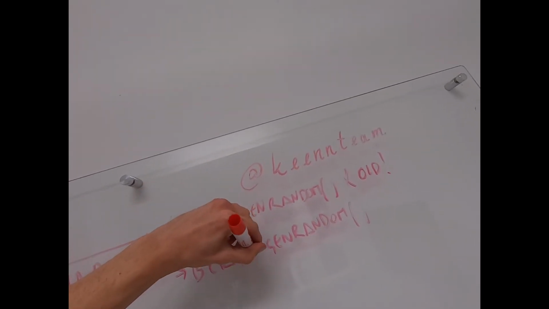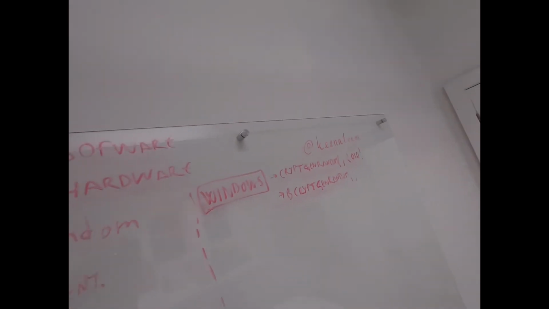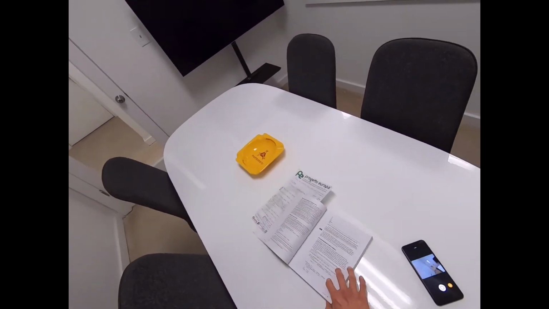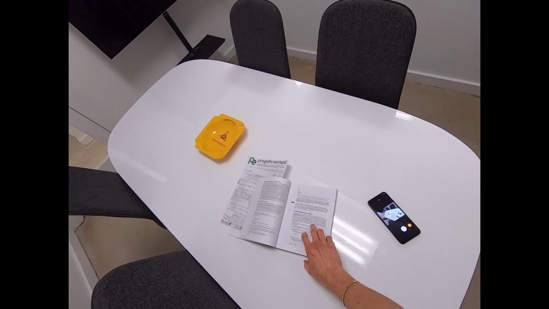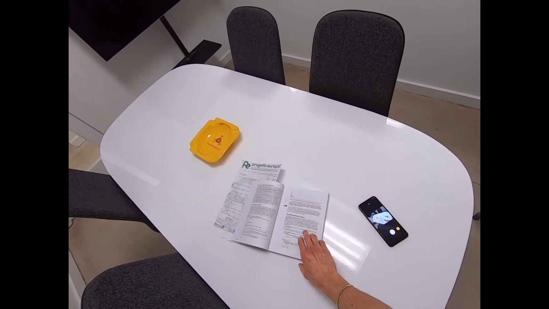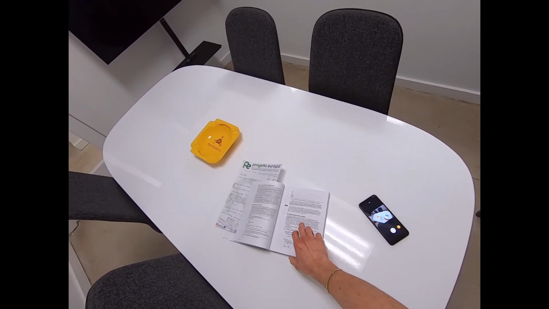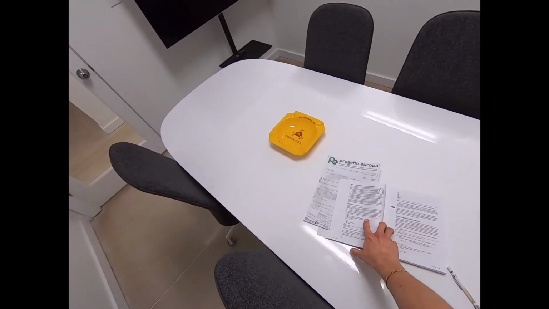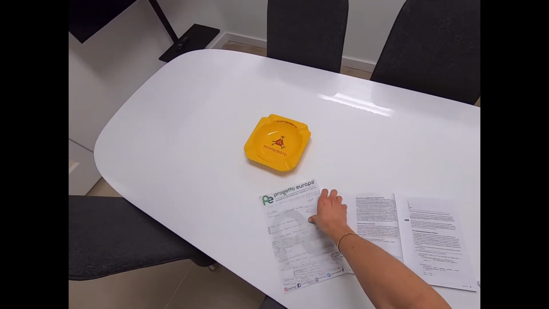Okay? So again, the BCryptGenRandom. Basically, this is the way that Windows does things.